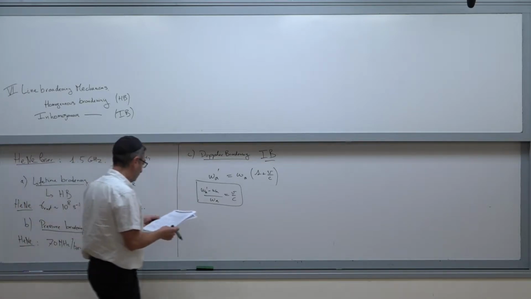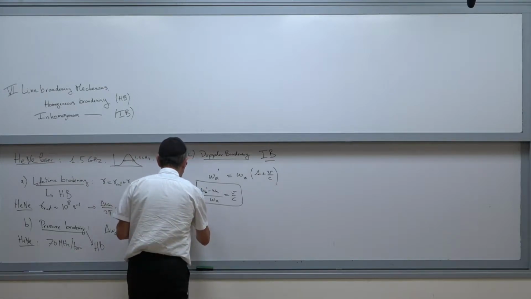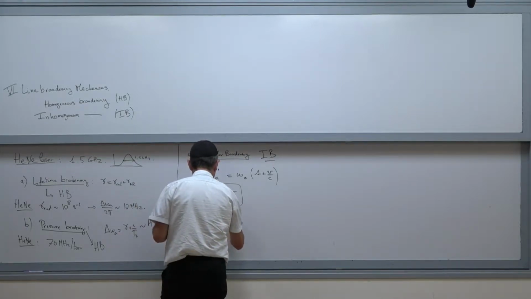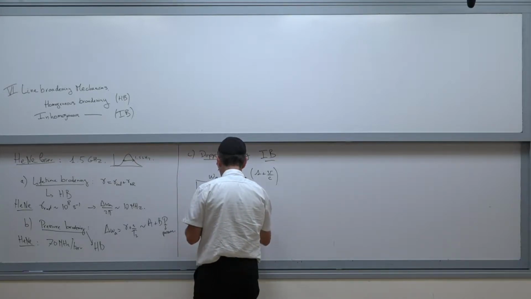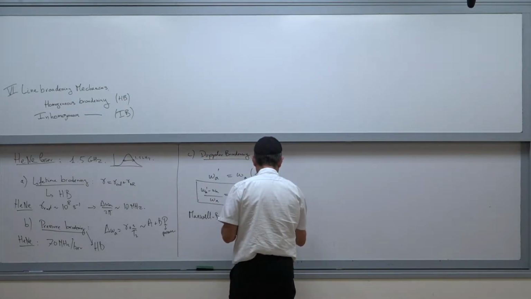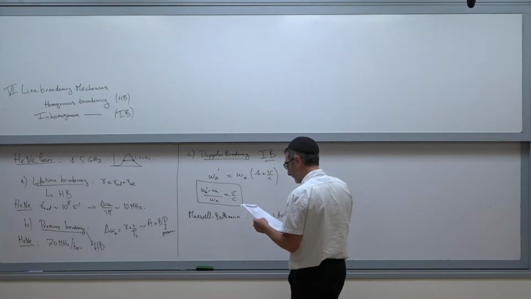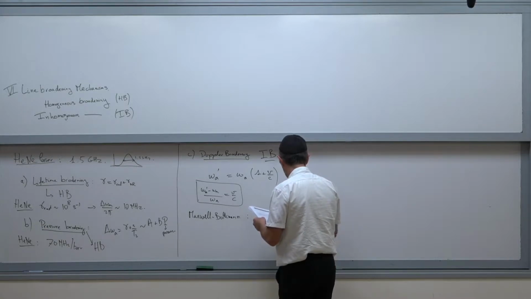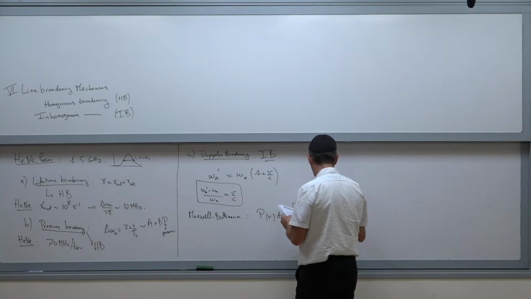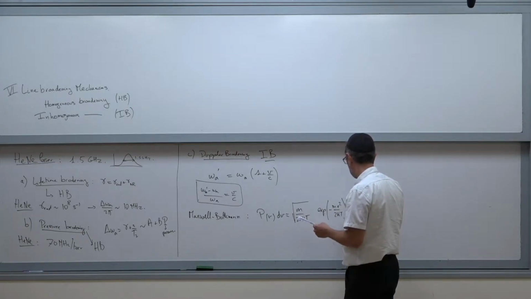Typically the Maxwell-Boltzmann distribution gives you P(v) dv equals the square root of m over 2 pi kT times exponential of minus m v squared over 2kT dv.